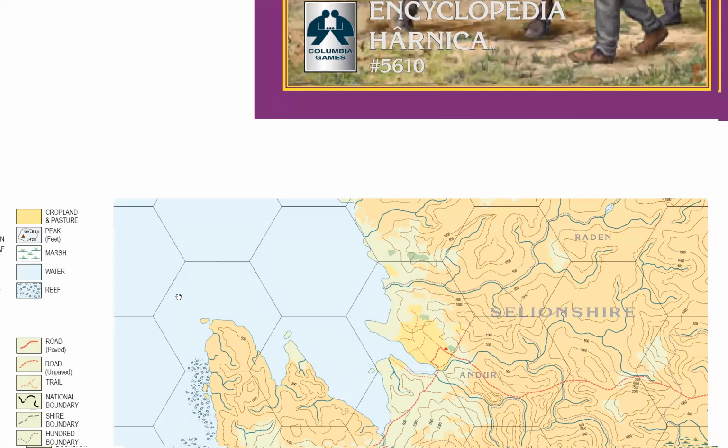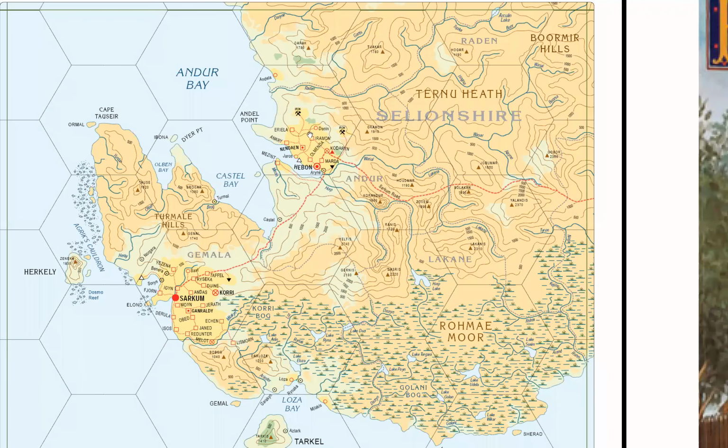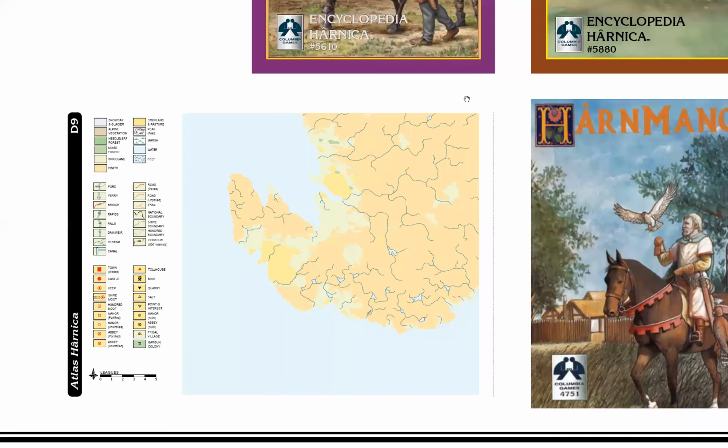So it shows you the castle of Sarkum and keep at Hebon, and these are all manors around it. And then this is the moors, and it's got contours, and it's got mountain peaks and that sort of stuff. So that's the level of detail that the Atlas Harnica maps get down to.